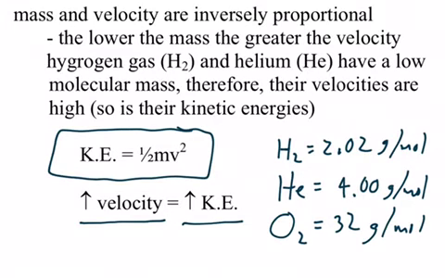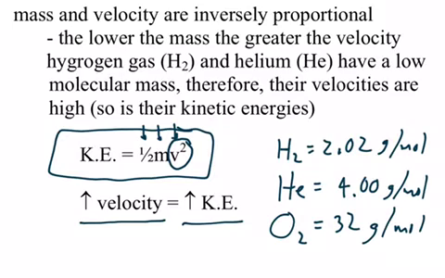To find kinetic energy, you get half the mass, and then you square the velocity. Notice the importance of velocity. Out of all the variables here, velocity is the one that's being squared. And that's because kinetic energy is dependent on velocity. So the faster you're moving, the more kinetic energy you have. Okay, so keep that in mind.